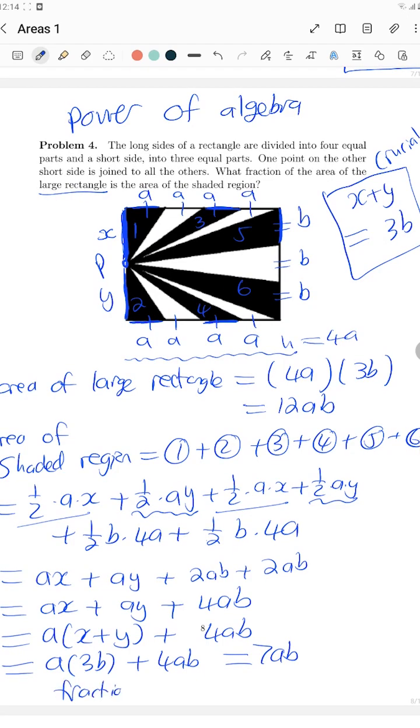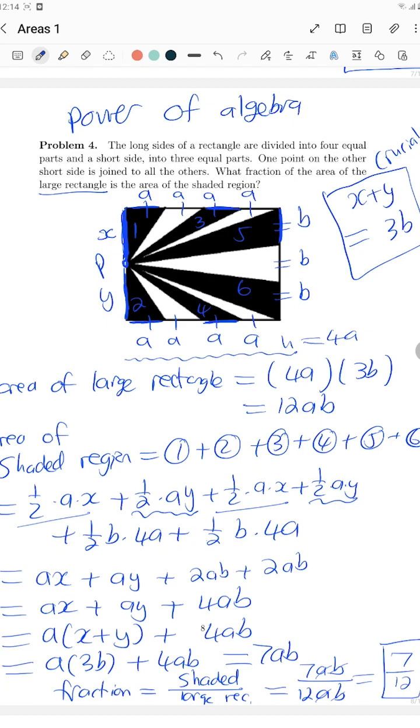The fraction that we're looking for will be shaded divided by the large rectangle, and the shaded part was 7ab, and the area of the rectangle was 12ab, and now some magic happens. The a's cancel, the b's cancel, and the answer is 7 over 12.